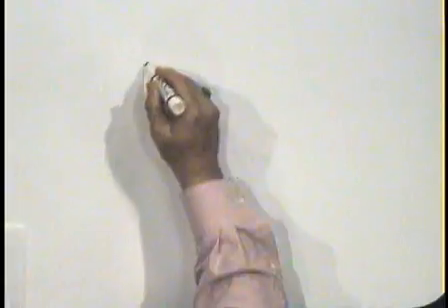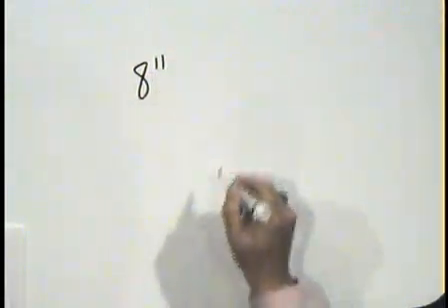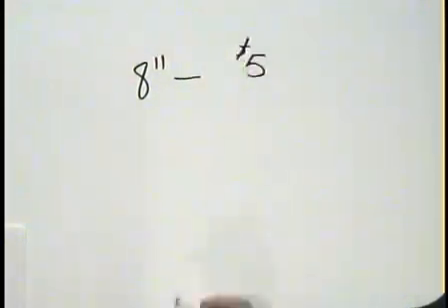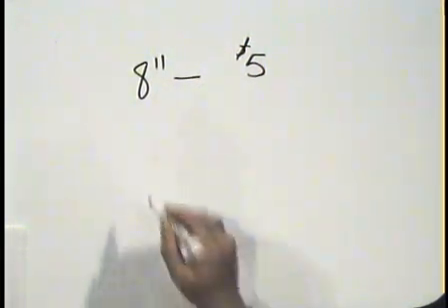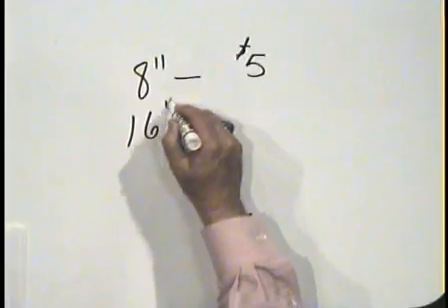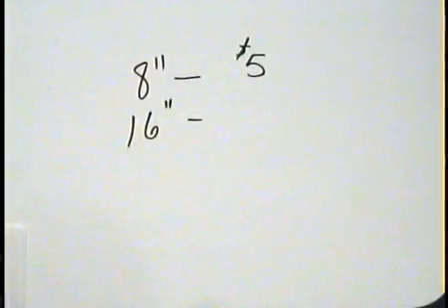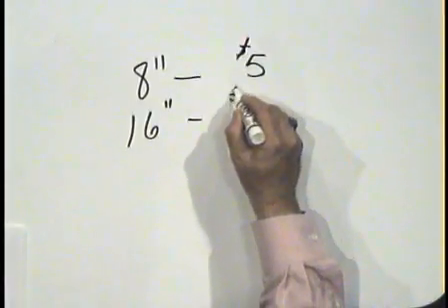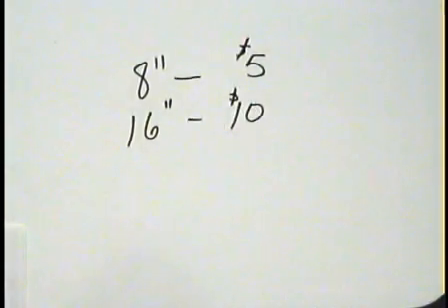So we have an 8-inch pizza, and the 8-inch pizza cost $5. This was a few years ago. Pizza was a lot less expensive. They also had a large 16-inch pizza, and the 16-inch pizza cost $10. Now I want you to stop and think and determine which pizza is a better deal.